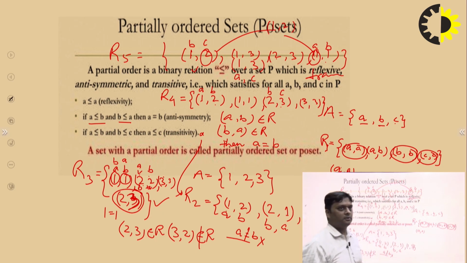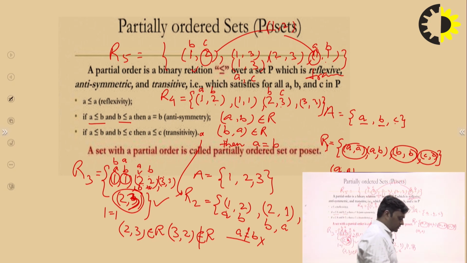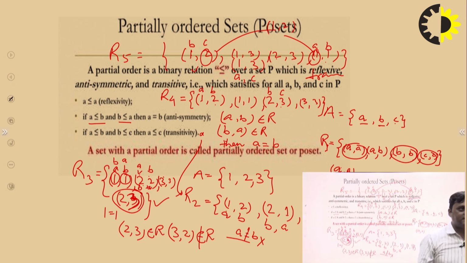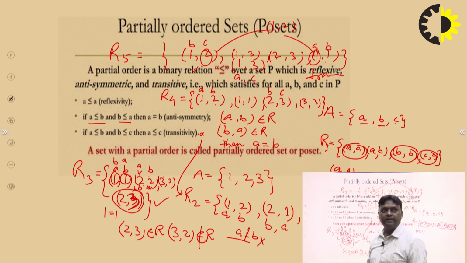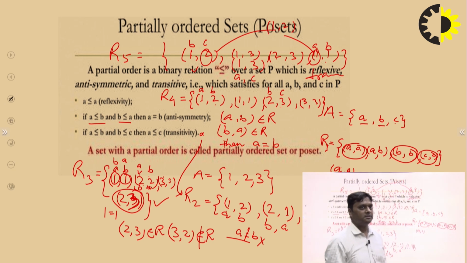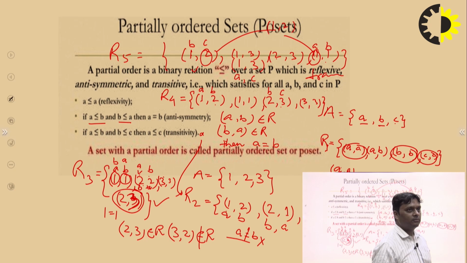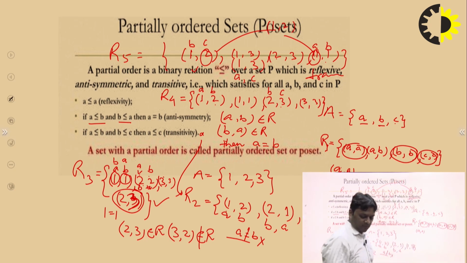So if a relation fulfills these three criteria, then the relation is considered a partial order relation.